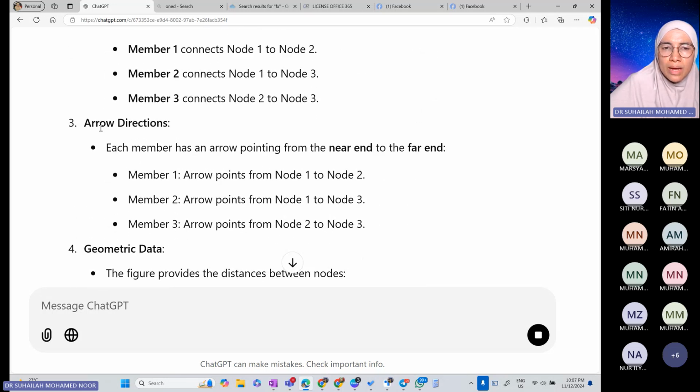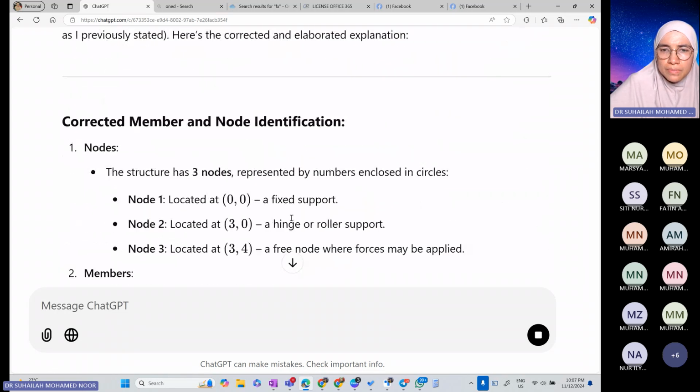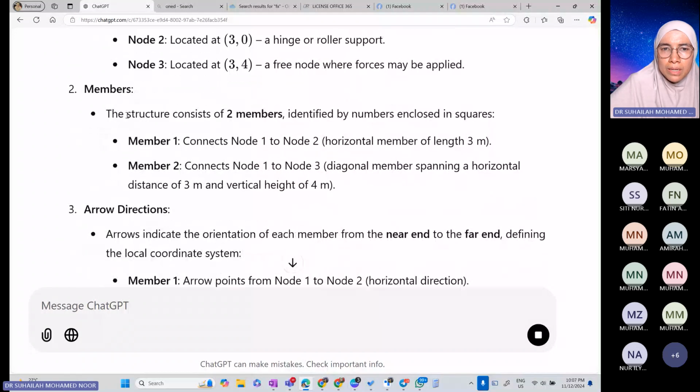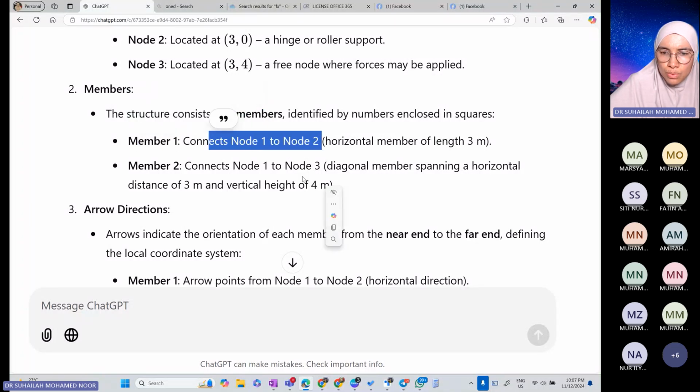The arrow direction is correct: each member has an arrow pointing from near end to far end. Let us see it correct itself. Okay, it has corrected it. This truss consists of 2 members. Member 1 connects node number 1 and node number 2.